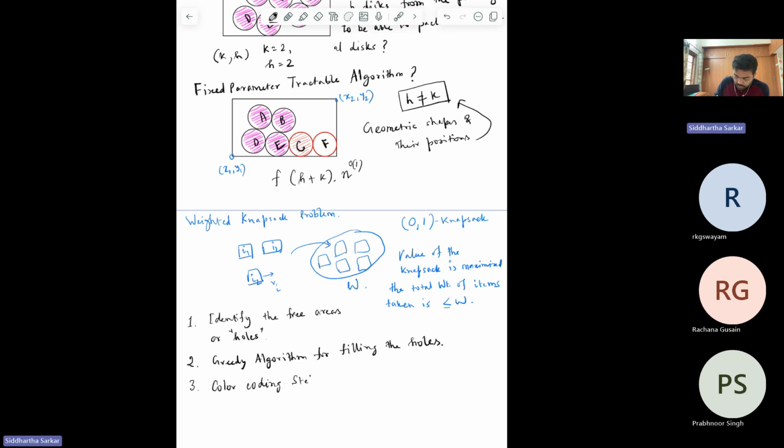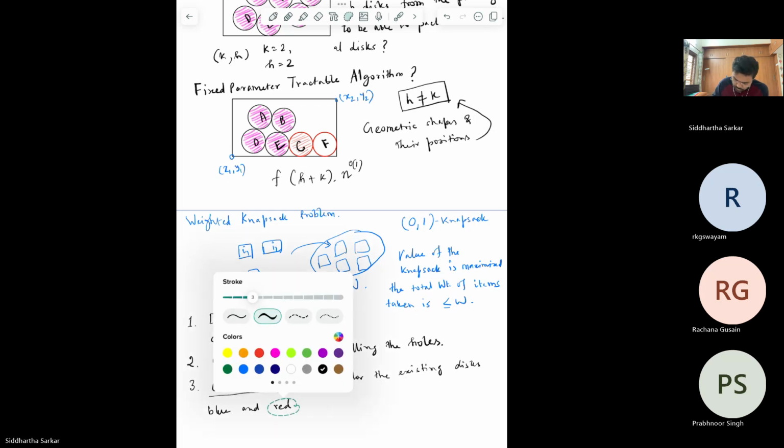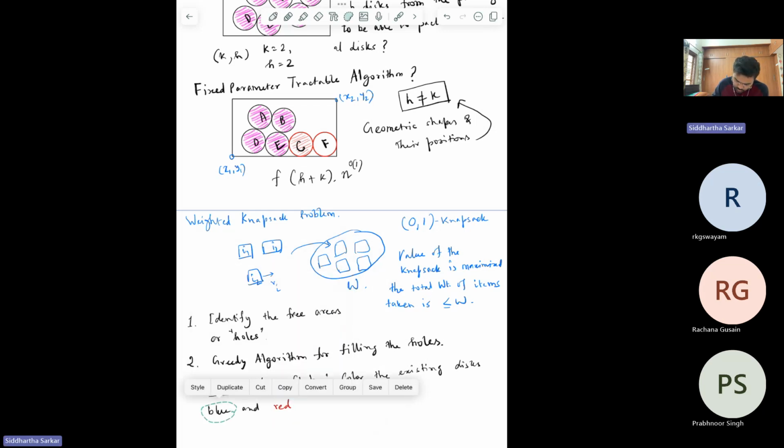Maybe I should have said this before. So in the color coding step, they color the existing discs blue and red. So what is the meaning of blue and red? I'll tell you. This is red and this is blue.